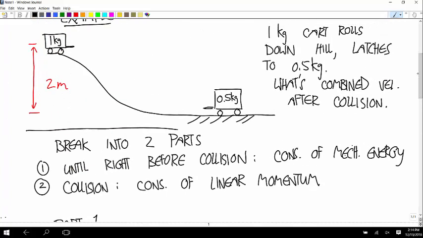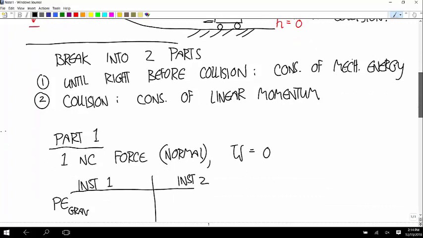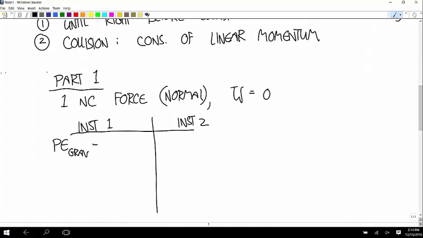To do that, we have to choose a height equals 0 location, and we might as well choose the flat, although you can choose anywhere you want as long as you're consistent through the whole problem. So the gravitational potential energy is the mass times 9.81 times the height. So that's 19.62.